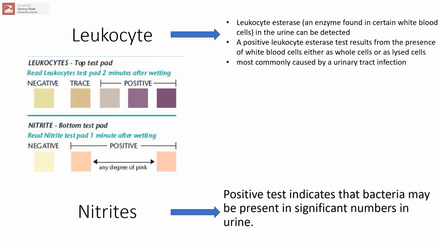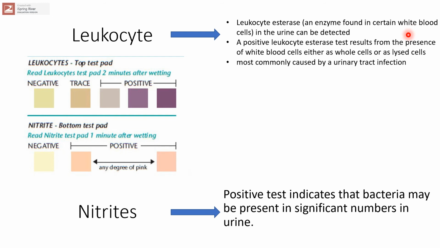Now, leukocytes along with nitrites can be tested while looking at urinary tract infections, right? So leukocyte esterase is an enzyme which is secreted by white blood cells, and obviously you don't want to see white blood cells or red blood cells in the urine.